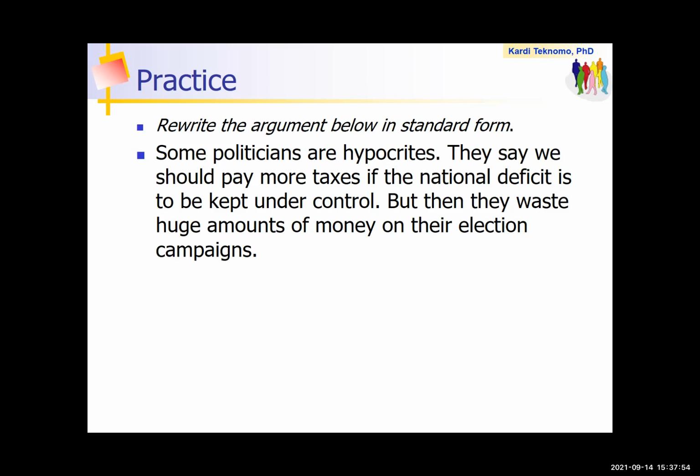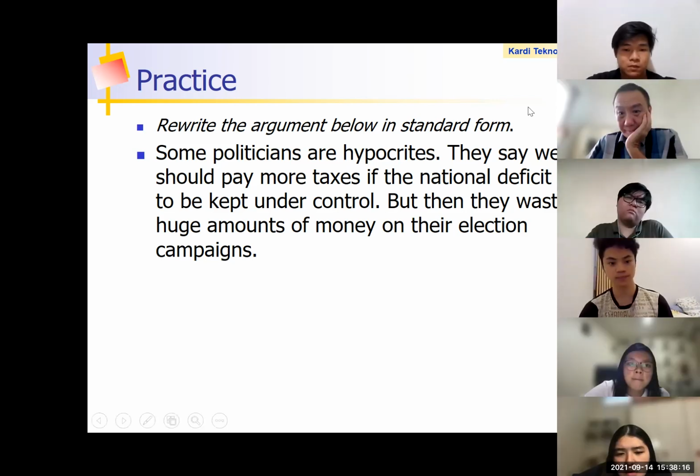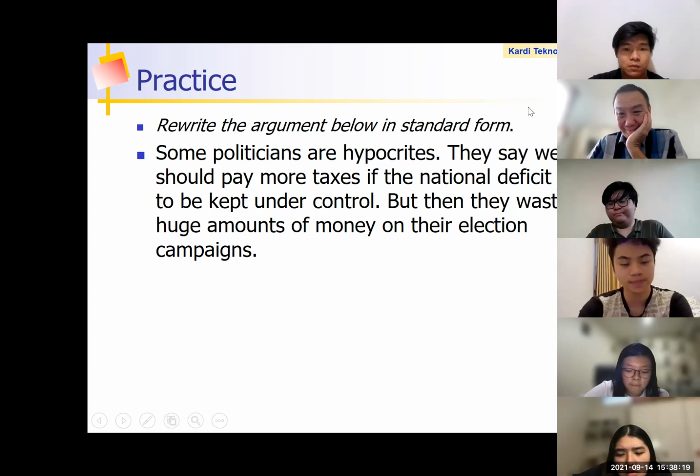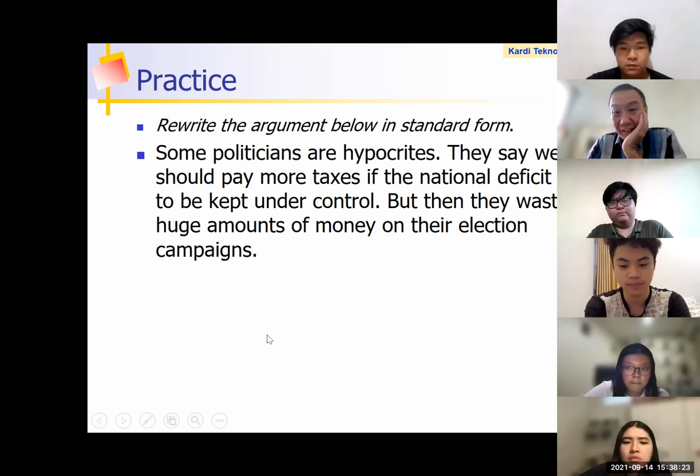And then you tell me which one is the premise and which one is the conclusion. Your exam is something like this.